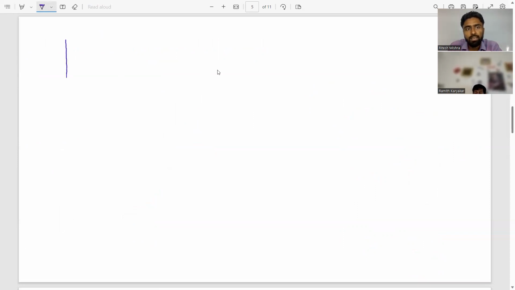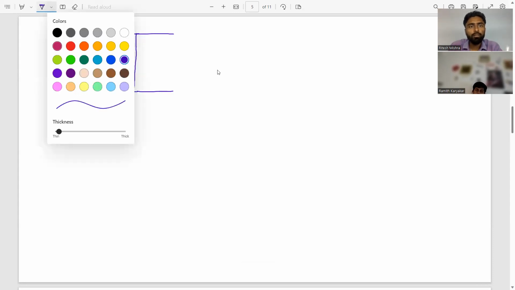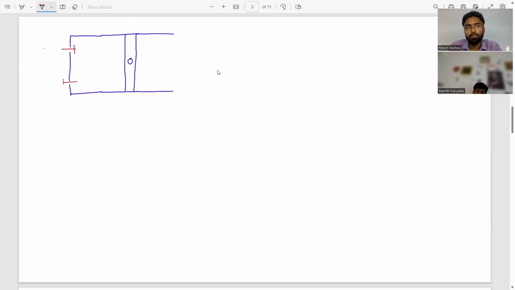Please see the figure. This is your cylinder. This is your piston. Now here a valve is present.